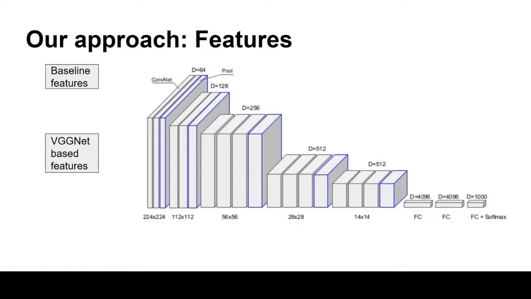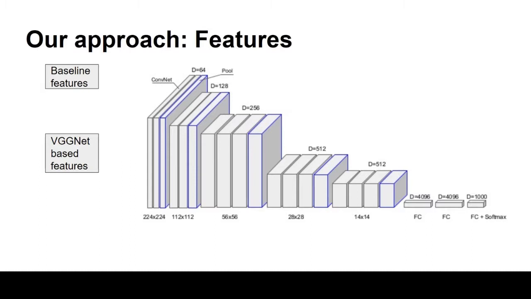So for the case of our medical image, we first trained this VGGNet on large amounts of ImageNet data. And to obtain representations for the Medico challenge images, we have the image go through all the convolutions and take the output of the first fully connected layer here as a representation for the image.